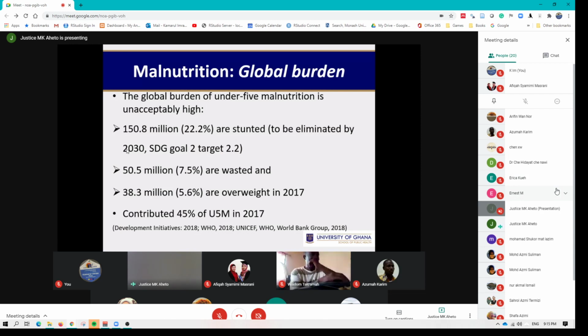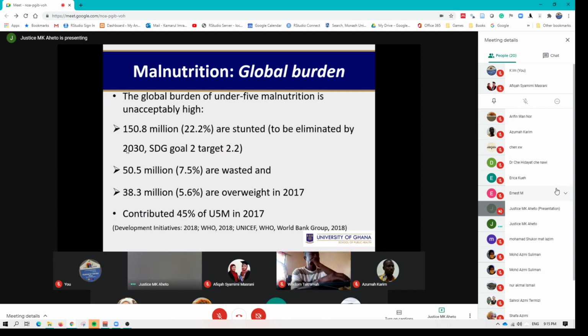Basically, it's looking at your weight relative to your height, and then we're also looking at the underweight, which is a composite score. What it means is that children who are underweight could be maybe suffering from stunting or wasting or both of them. So it is so difficult to separate underweight when it comes to stunting and wasting.